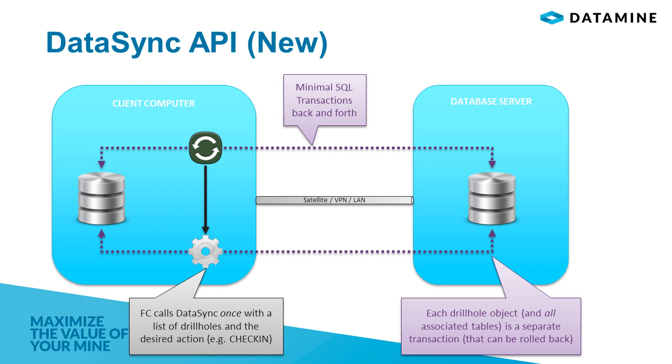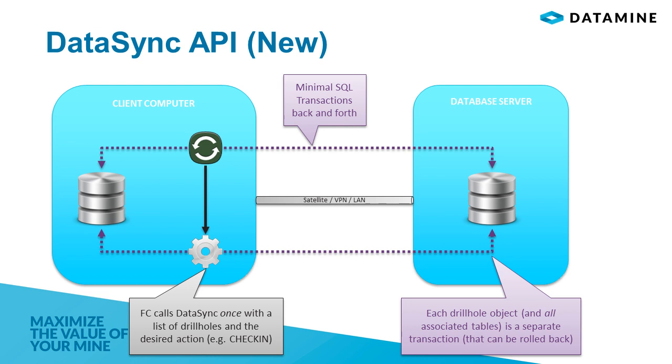It still needs to do some queries as far as the state of the data in the two, but we've really reduced things and pushed as much as we can into this new component. The interaction with Fusion Client is now based on an operation. Fusion Client is now going to say, check in this drill hole, and that action is going to get performed as a single transaction.